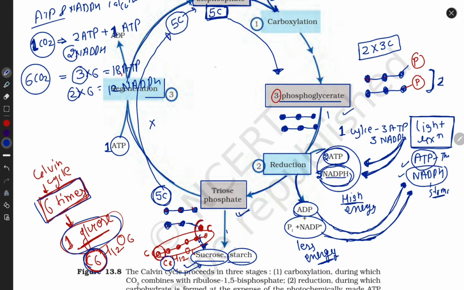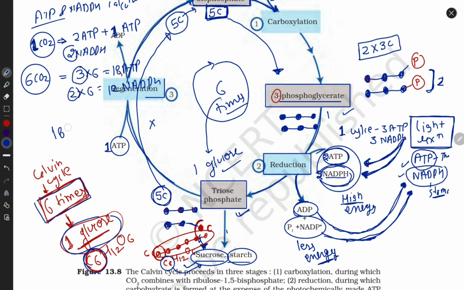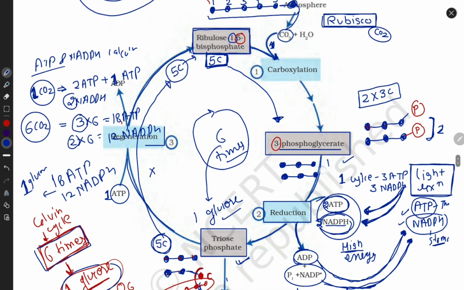So this cycle is performed 6 times. 6 times this Calvin cycle is performed, and then we get one molecule of glucose, sucrose or starch. So the overall calculation is we need 18 ATP and 12 NADPH for making one glucose molecule. So that's all for now. That's all for your Calvin cycle.